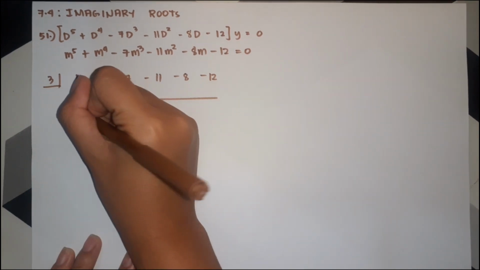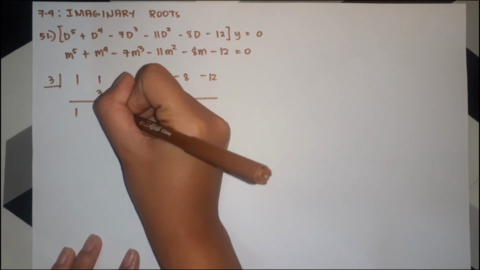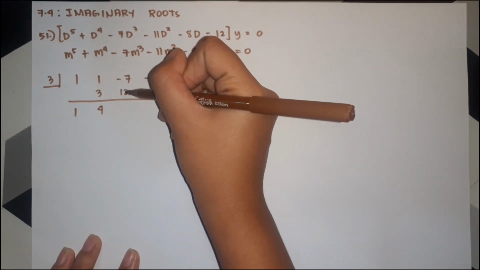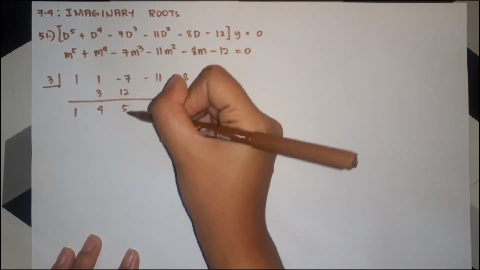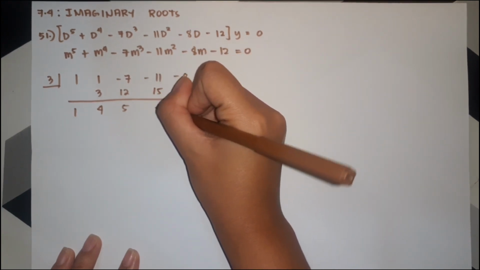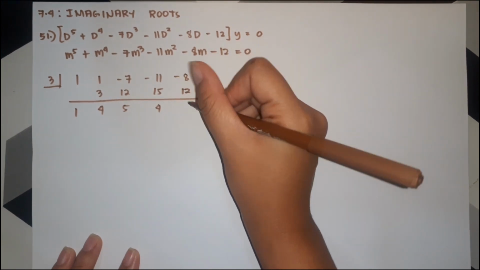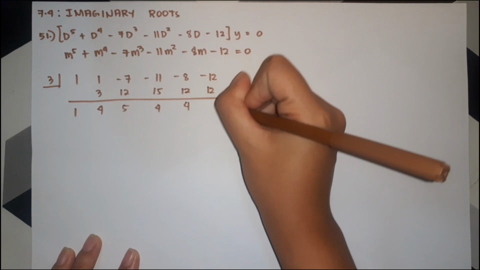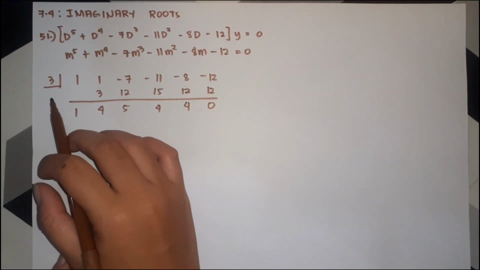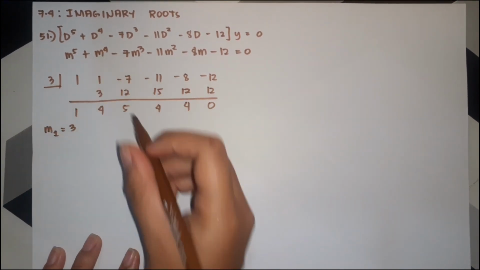Bring down 1. 1 times 3 is 3, then 1 plus 3 is 4, times 3 is 12. 12 minus 7 is 5. 5 times 3 is 15. 15 minus 11 is 4. Times 3 is 12. 12 minus 8 is 4. Times 3 is 12. Equals 0. Since it is equal to 0, our first root is positive 3.